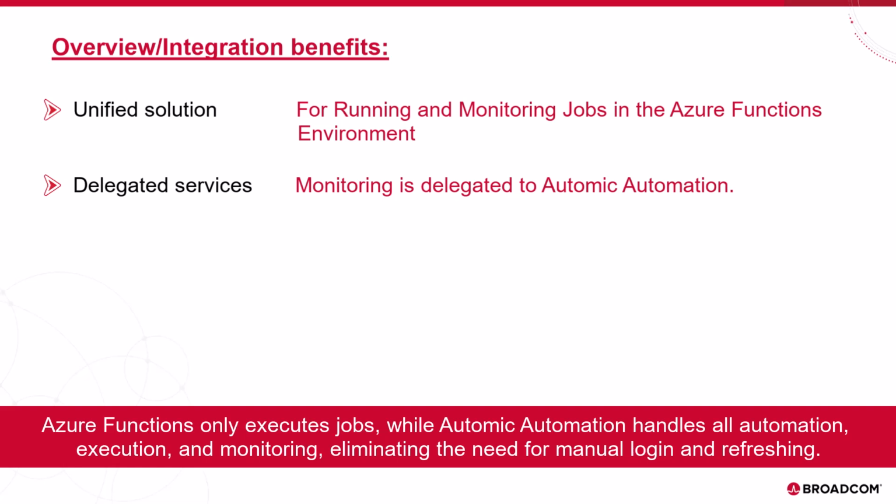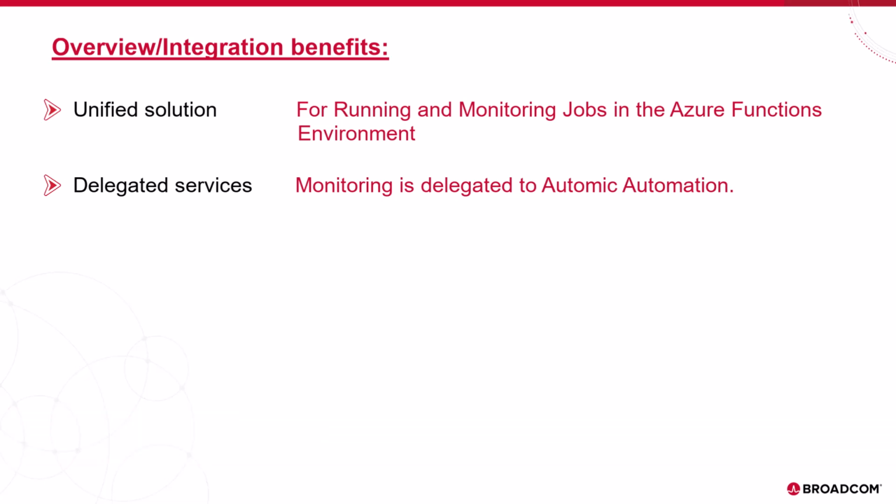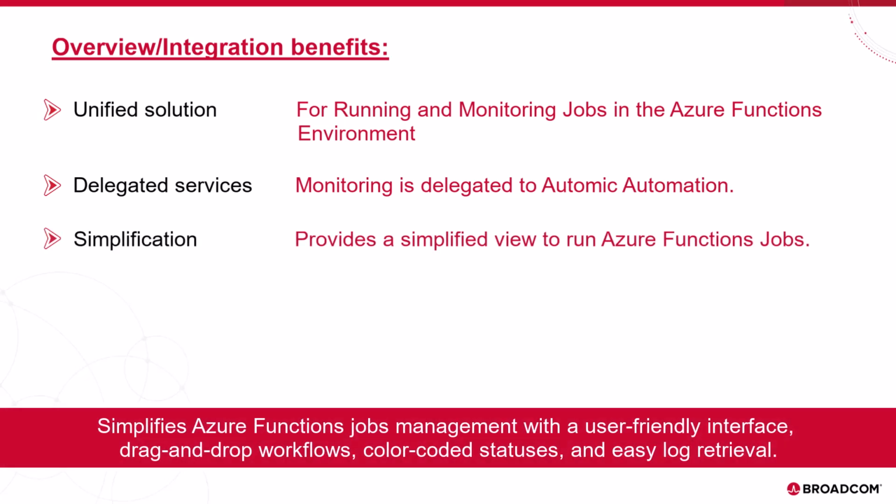This means that we don't have to log into the Azure Functions environment and keep on refreshing it by ourselves. Automic Automation manages all the execution and monitoring aspects. The Automic Automation integration provides a simplified view to execute function jobs.